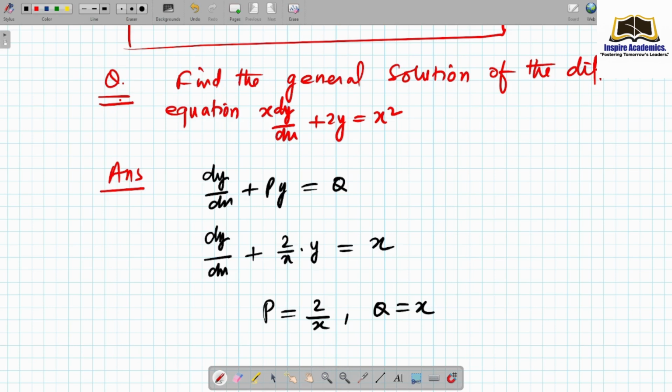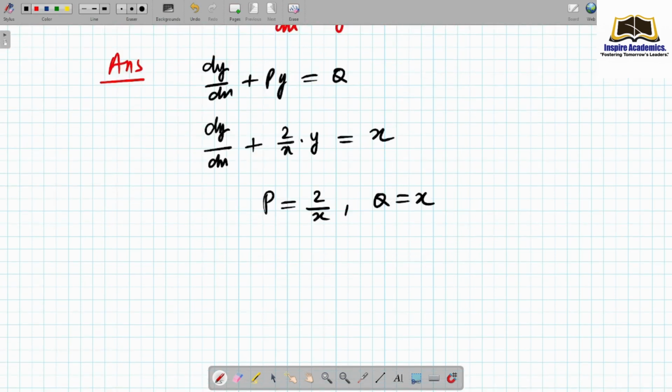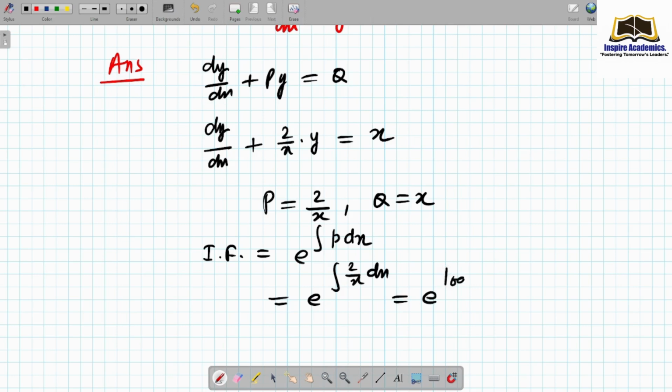Now let us find the IF, that is the integrating factor. So integrating factor IF is e to the power integral of p dx, which is nothing but integral of 2 by x dx, which is e to the power log x, which is simply x.